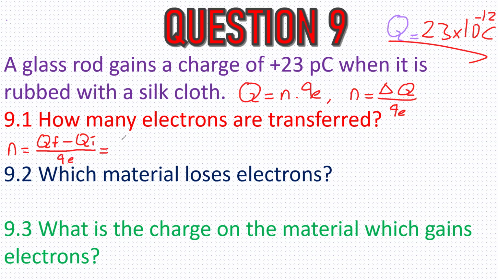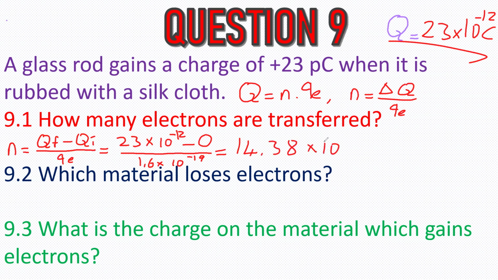And Q final is positive 23 times 10 to the power of negative 12 minus 0, because initial charge is 0. And then 1.6 times 10 to the power of negative 19. And then we can calculate 23 over 1.6 equals 14.38. Okay, 14.38 times 10 to the power of negative 12, positive, negative, going up, so 7. Unit electrons.